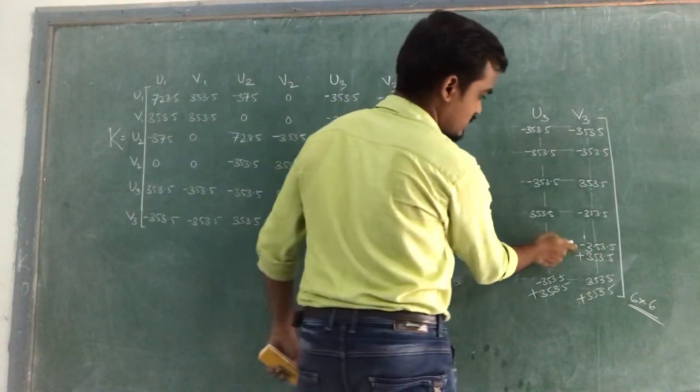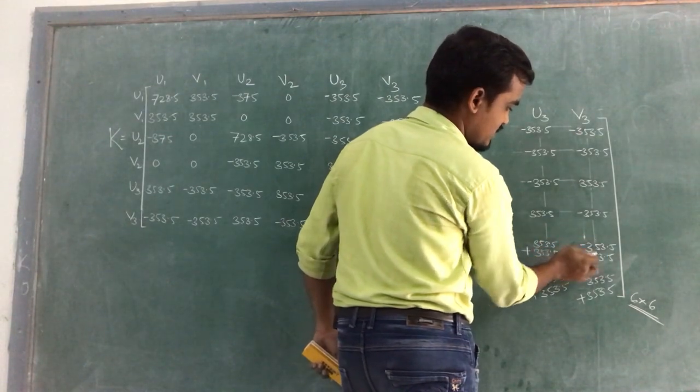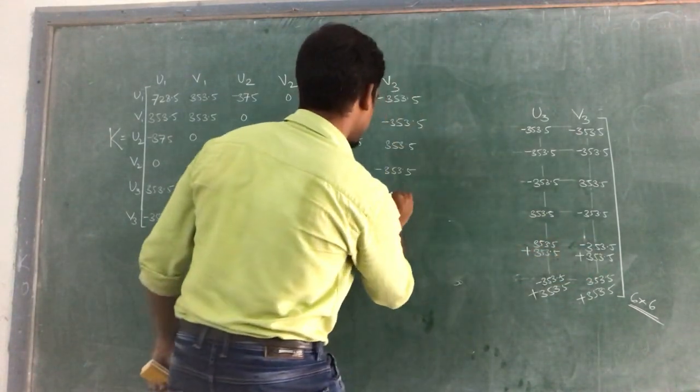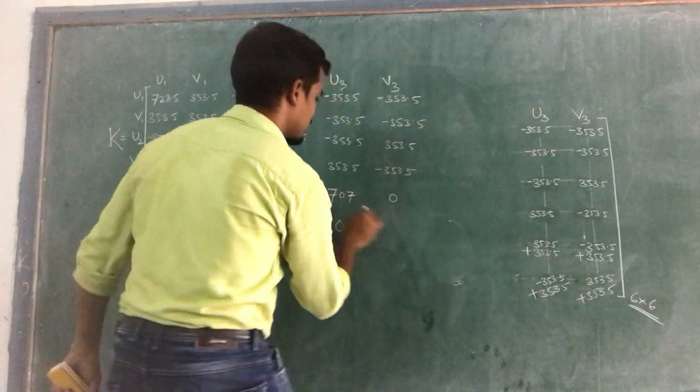Now this value, look at this, minus 353.5 plus 353.5 is equal to 0. 353.5 plus 353.5, 707.